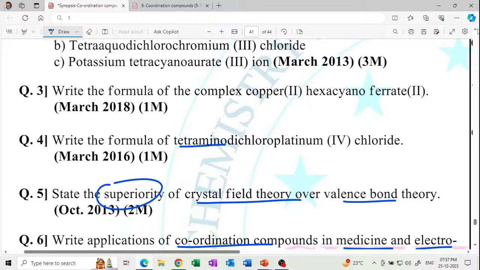Tetraamminedichloroplatinum chloride. What is the formula? Tetraammine platinum, so written as platinum, Pt. Next the tetraammine, this is NH3 and this is the 4.